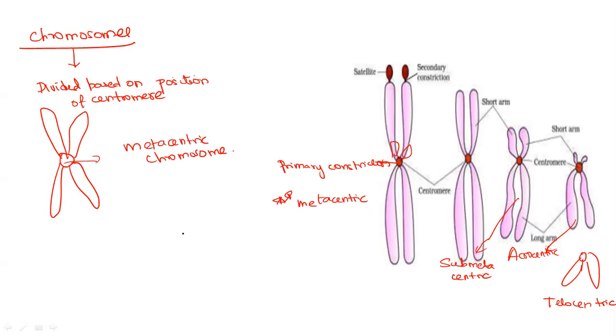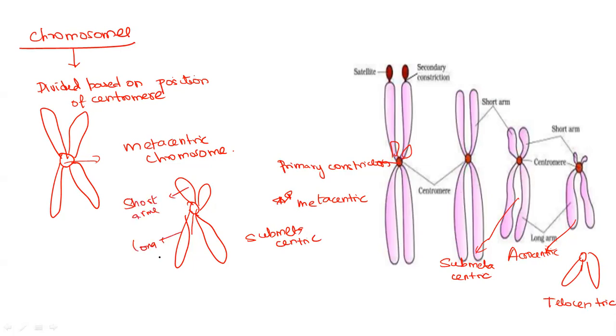Now we have the submetacentric chromosome, which means the centromere is not in the center. So this is the short arm and this is the longer arm.